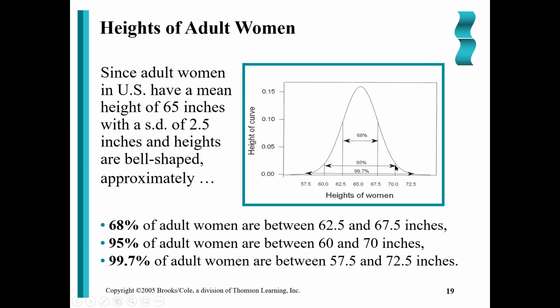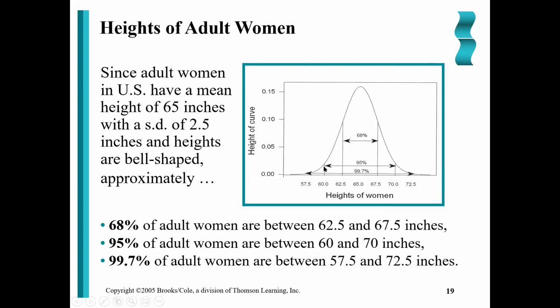So 2 standard deviations is 70. Now I want to know what percentage of women have heights bigger than 70. How would I figure that out? Well, one thing that we know is that between 60 and 70 is 95%. Okay. What's left? Well, 100 minus 95 is 5%.